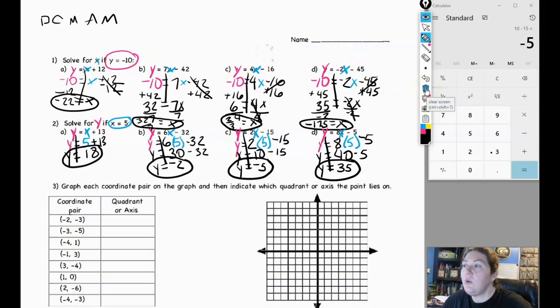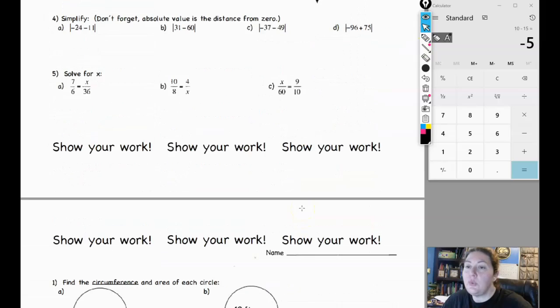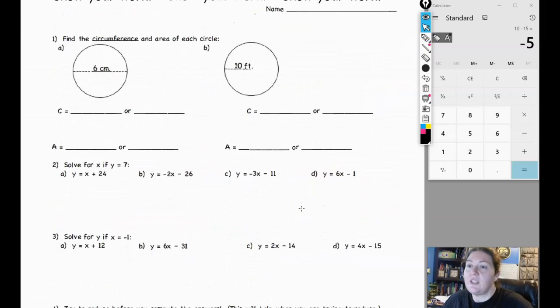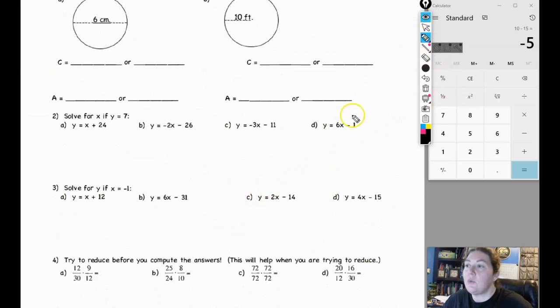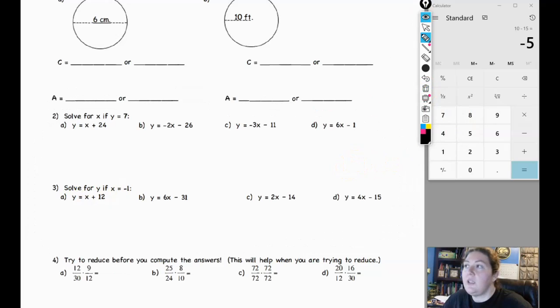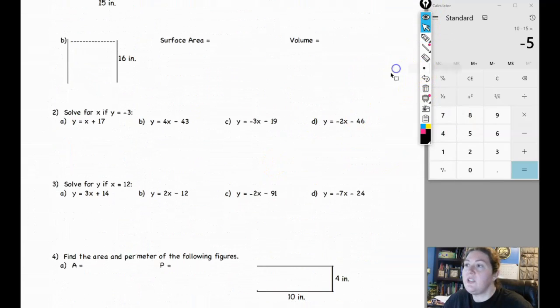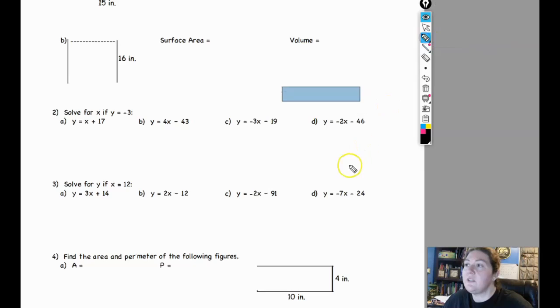So let me show you on your next couple of pages where these sections are. Alright, this was page 1. So page 2, you have another section that's exactly like this right here. Whoa, that's a big marker. This same section, you're doing the exact same thing. We're solving for x, substituting in a y. We're solving for y, substituting in an x. Same thing. Alright, on page 3, again, your middle section, exact same thing.